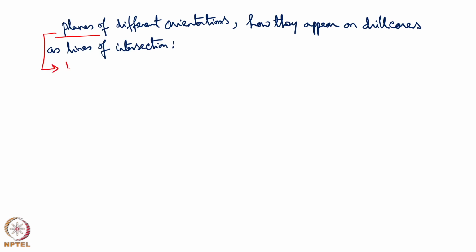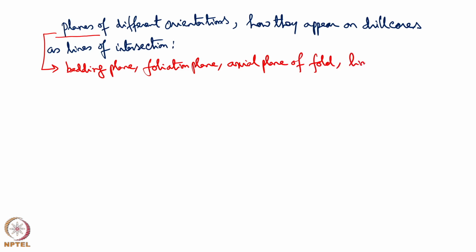So this can be a bedding plane, it can be foliation plane, it can be axial plane of fold, it can be limb of fold.